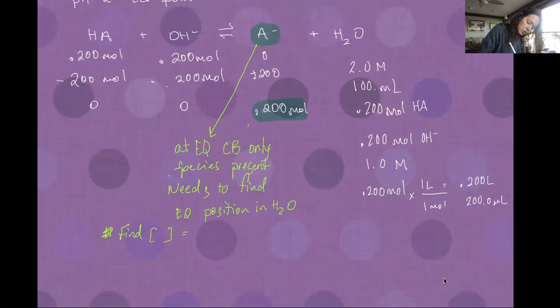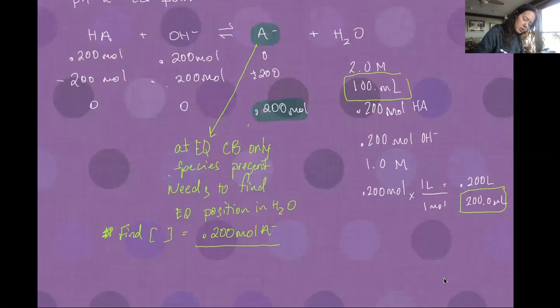That's going to be equal to the 0.200 moles of A, divided by the total volume, that's 200 milliliters plus 100 milliliters, which is 0.300 liters.